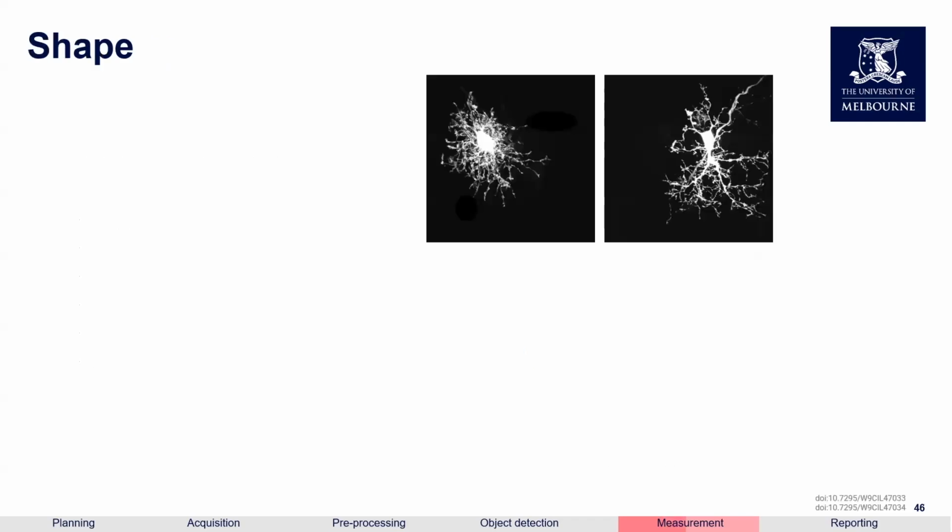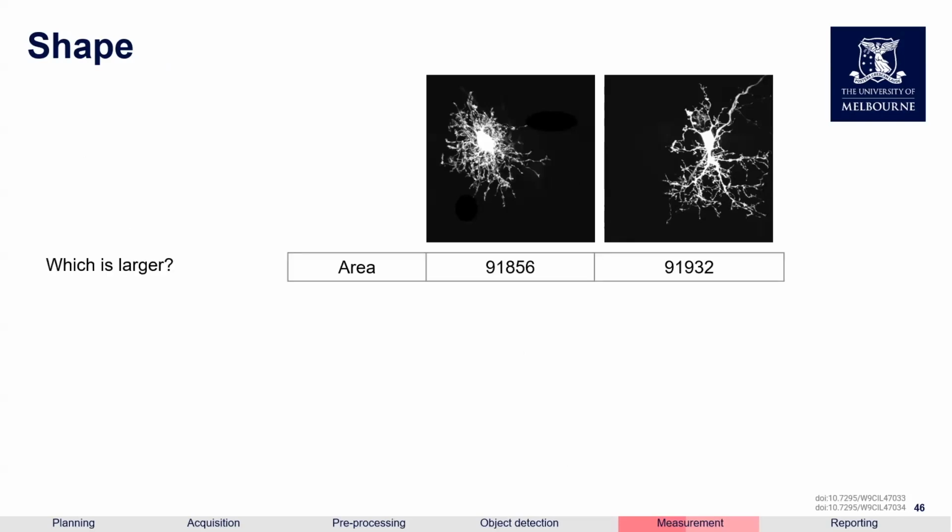Also, the biological structure can be measured by many shape parameters. So, for example, these two cells look very different, but when we measure the simple area, they are very similar. So it doesn't really distinguish their character very well.